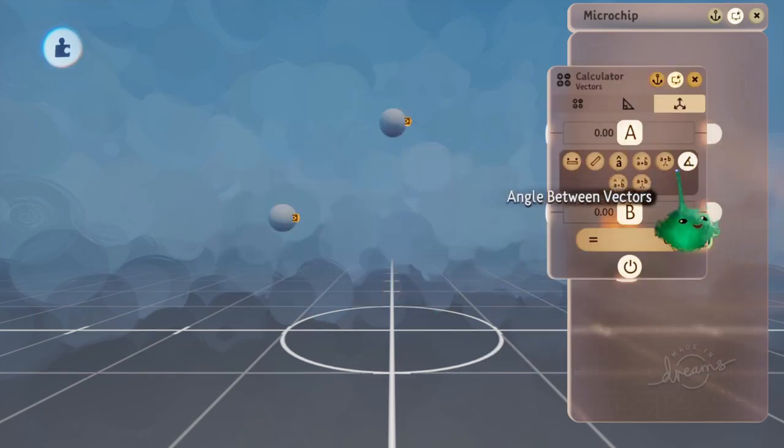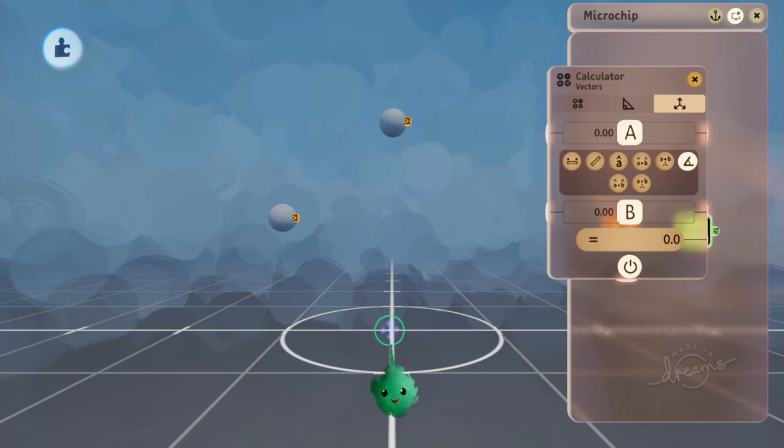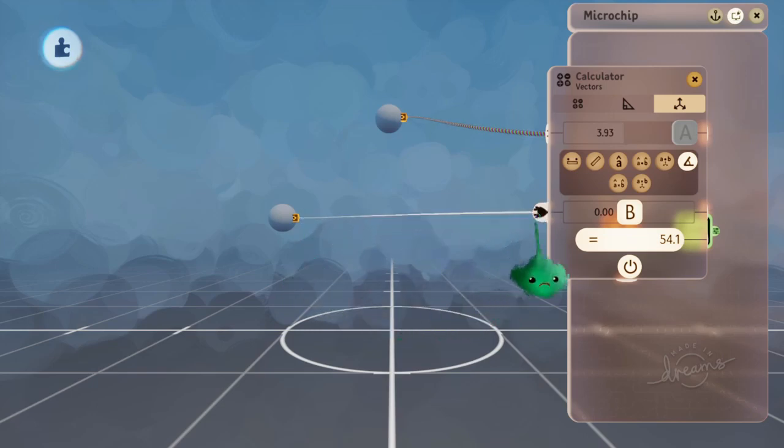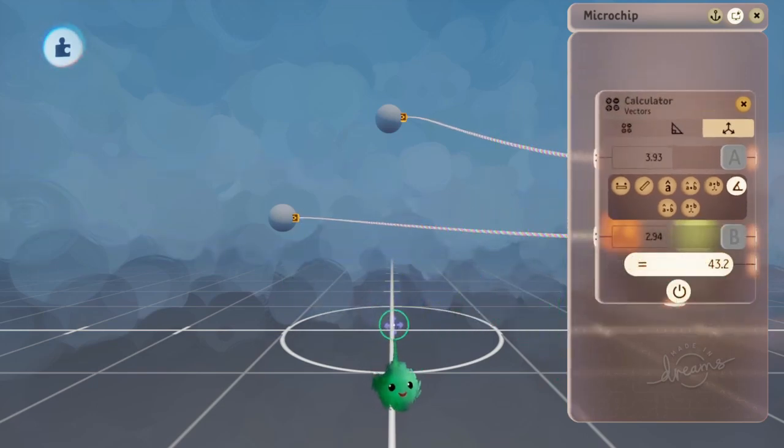Angle between vectors means if you've got the origin there and it's got a vector, we've got a vector to here. That's what this is representing. And then we've got a vector to here, and wire that in there. It kind of figures out the angle to this one, and the angle to this one, and the distance between them.